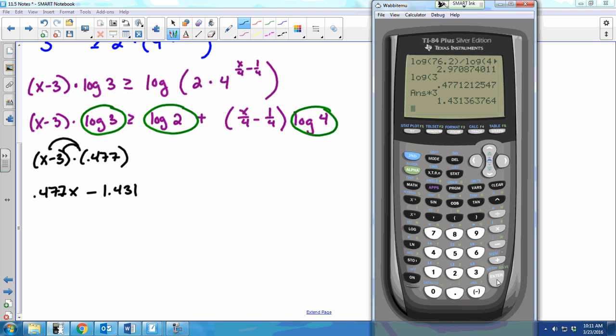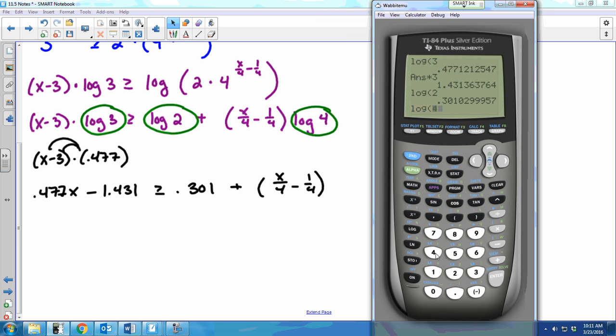Does that make sense? Then over on the right-hand side, log 2 is 0.301. Plus, we have this mess I'll deal with in a second. I have log 4, 0.602.